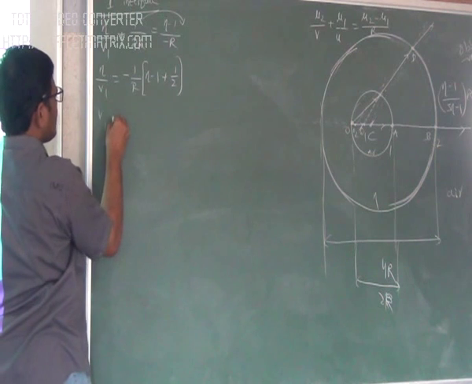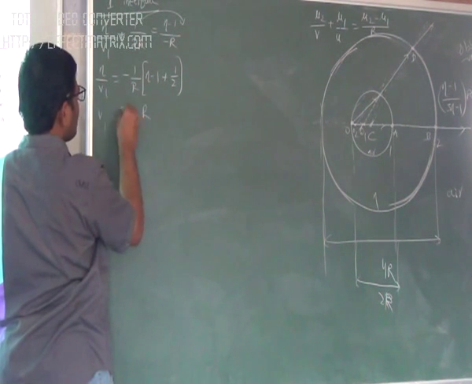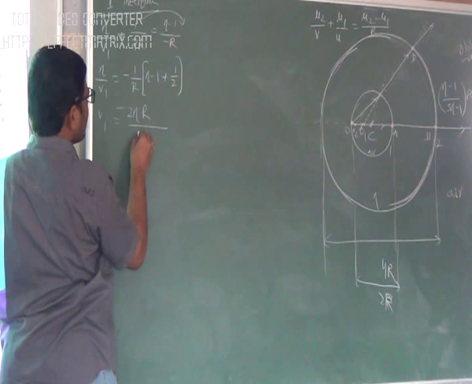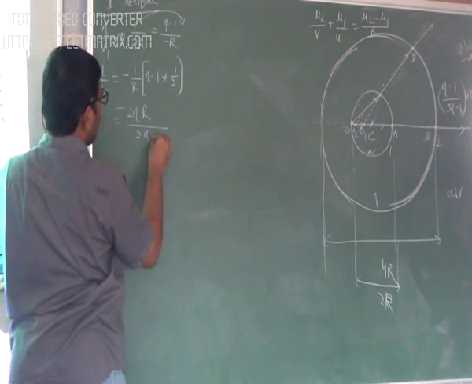So V1 is nothing but minus 2 neta R upon 2 neta minus 1.